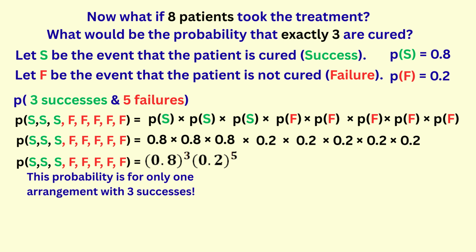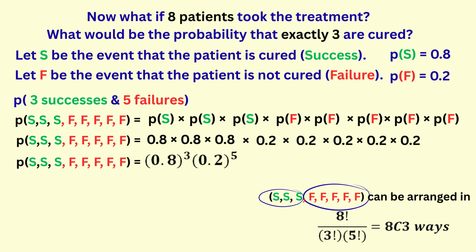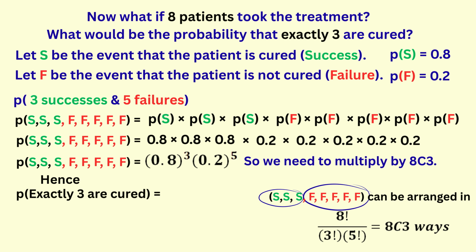But wait, remember, this arrangement with 3 S's and 5 F's can be arranged in 8 factorial over 3 factorial times 5 factorial ways, since it has 8 items, with 3 alike and 5 alike. This is the same as 8 choose 3, so we need to multiply by 8 choose 3, since 3 S's and 5 F's can be arranged in 8 choose 3 ways.